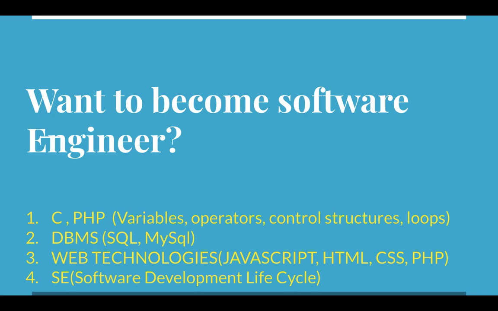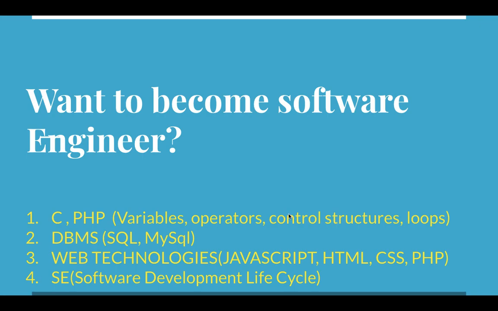a software engineer. So, if you want to become a software engineer, you need to write backend programming or front end programming. First of all, you need to understand what are variables, operators, control structures, or loops.